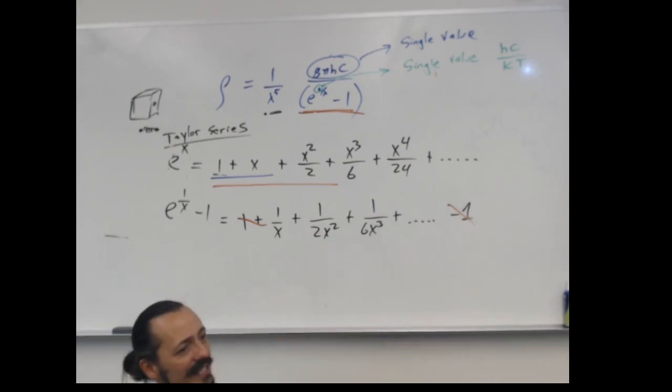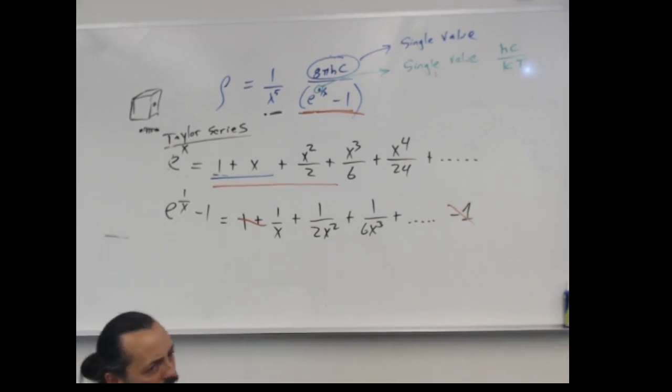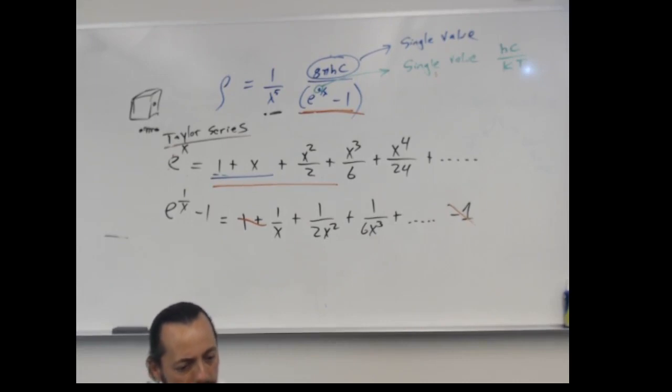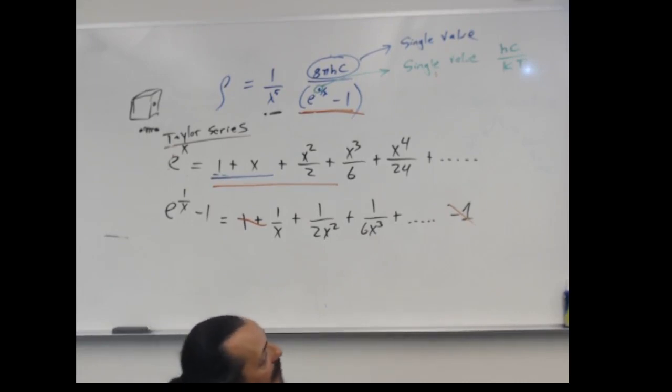No. So this is where Maxwell-Planck, in order to show the correspondence back to the classical observation, finds this 1 over x expansion works out really nicely as long as we're approaching really small numbers.